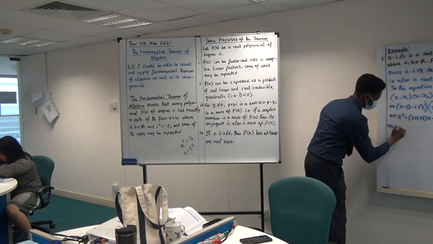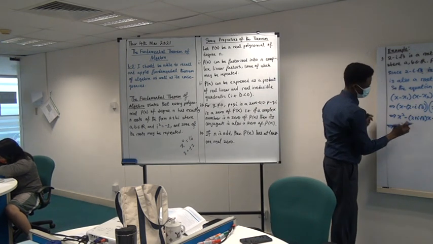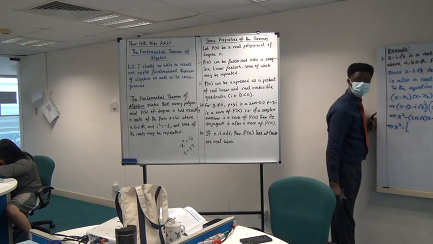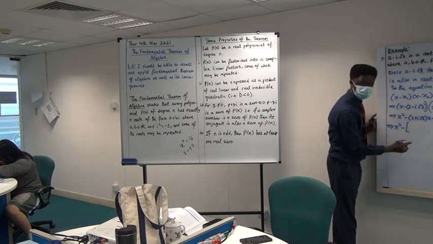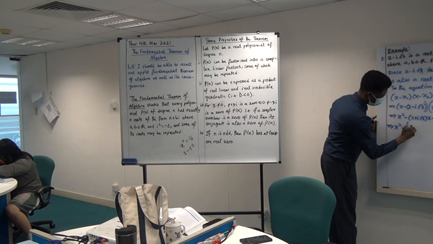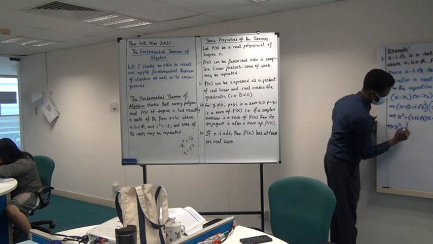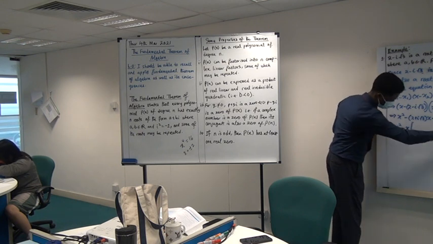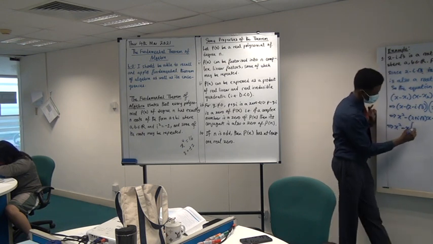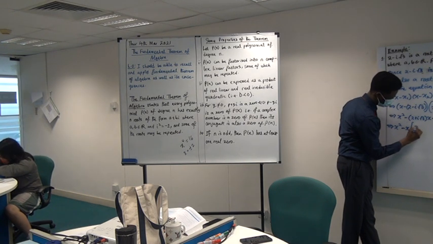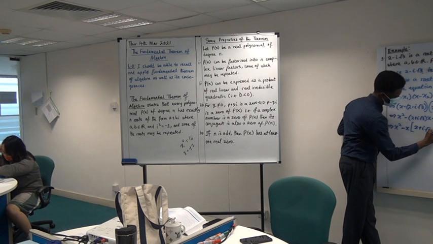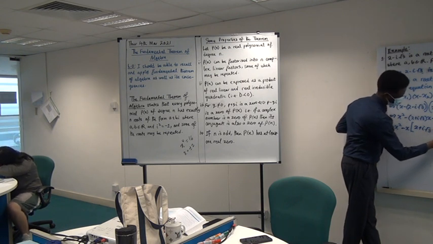This implies x squared. Minus is common to both and x is common to both. Right? So in the bracket I have what? Maybe I write minus x. I was going to put the x at the back. 2 plus i root 3, plus 2 minus i root 3.